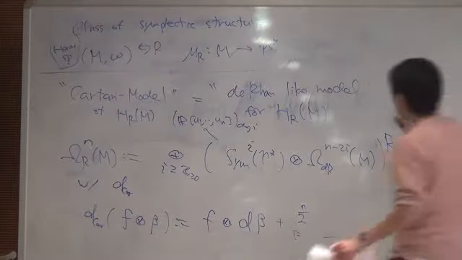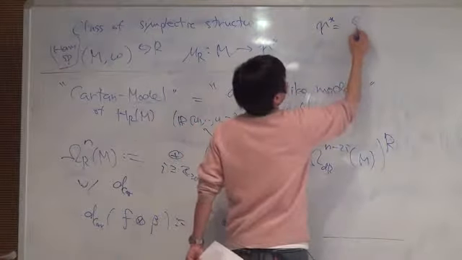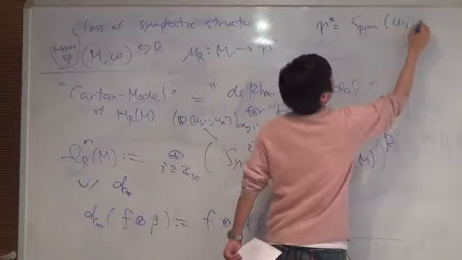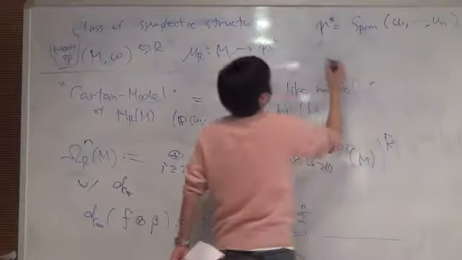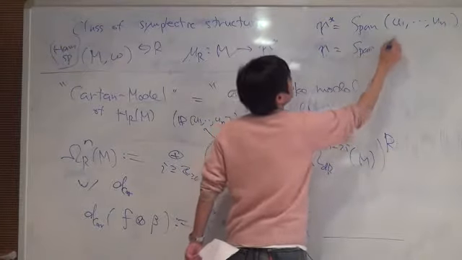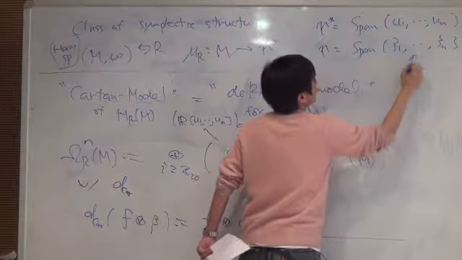And I have to choose a basis in this description. The dual of the Lie algebra is spanned by u_1 through u_n, and the Lie algebra is spanned by X_1 through X_n; those are the dual bases.